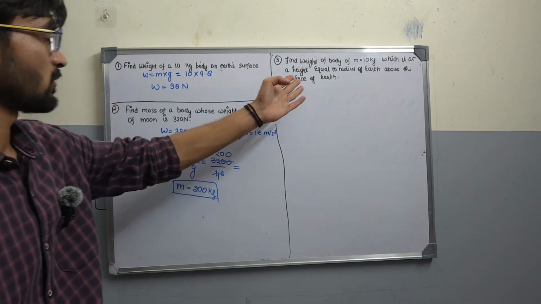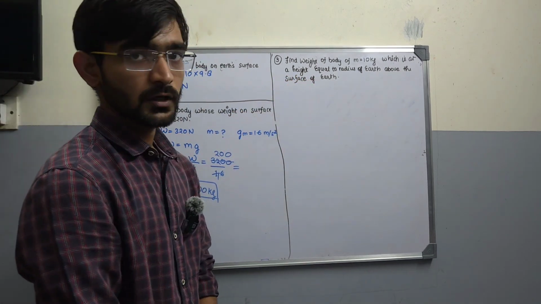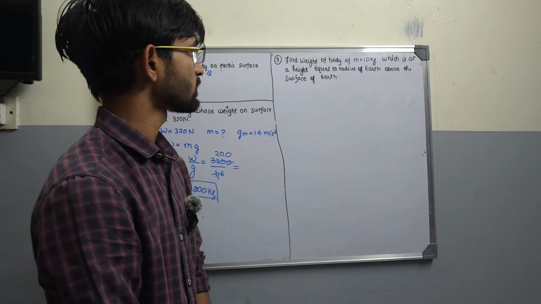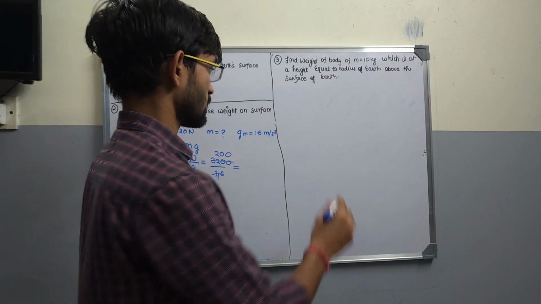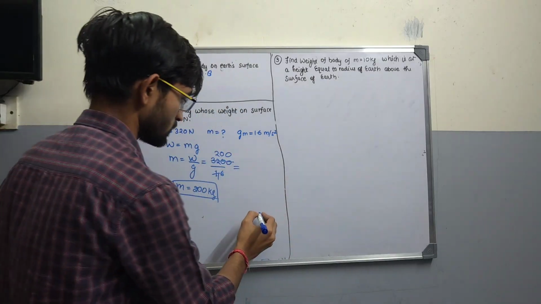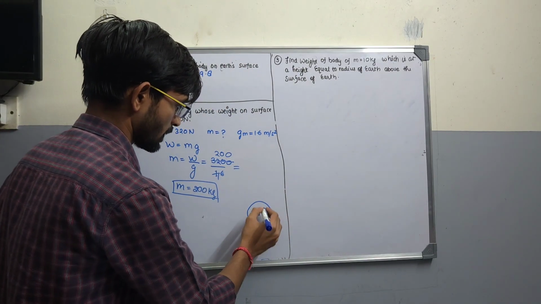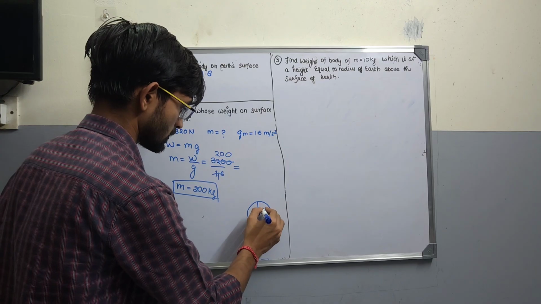Now third question, find the weight of a body of mass 10 kg which is at a height equal to radius of earth above the surface of earth. So suppose this is earth and its radius is r.